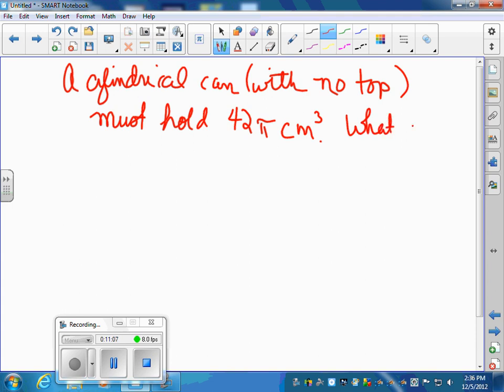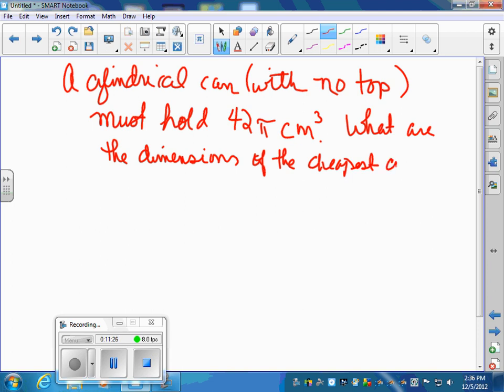What are the dimensions of the cheapest cylinder to construct?